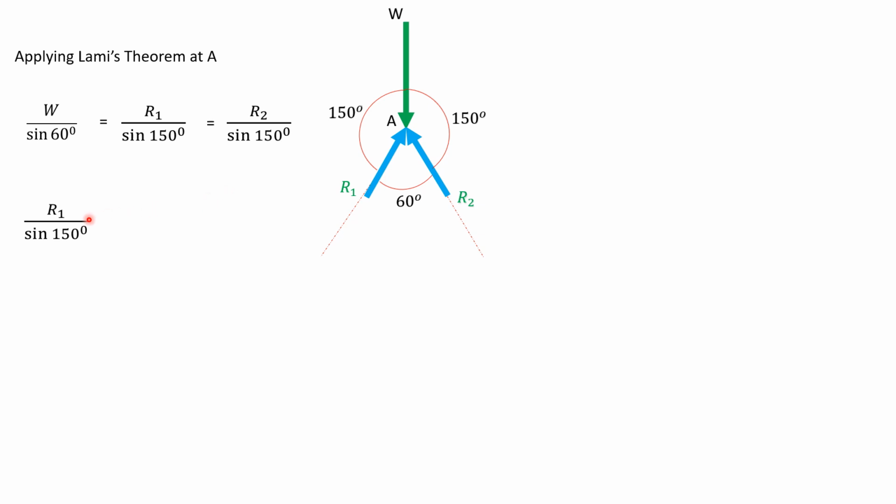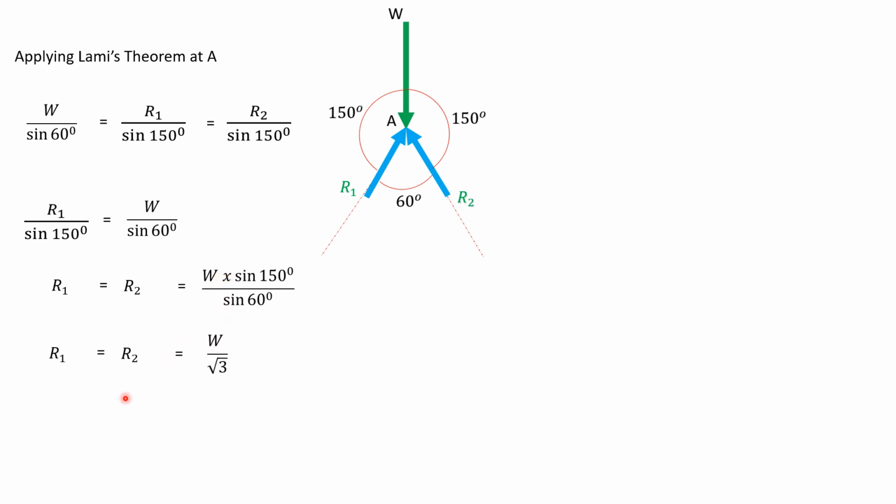So, calculating for R1 and R2, we get both equal because they have the same denominator, sine 150. So we get R1 equal to R2 equal to W into sine 150 divided by sine 60.